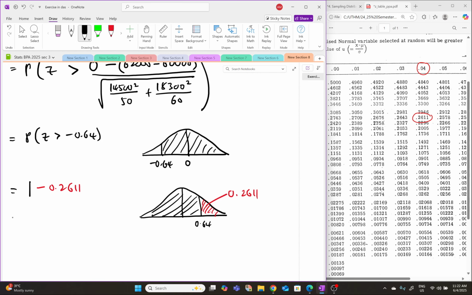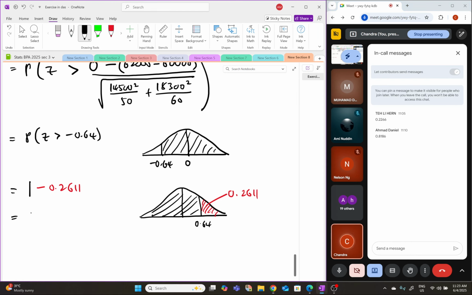So the answer will be 0.7389. This should be the answer. Yeah, good. Bagus.